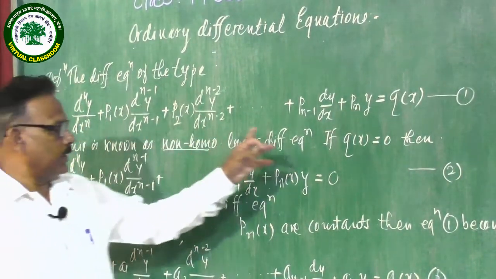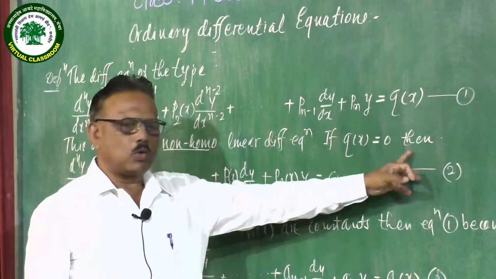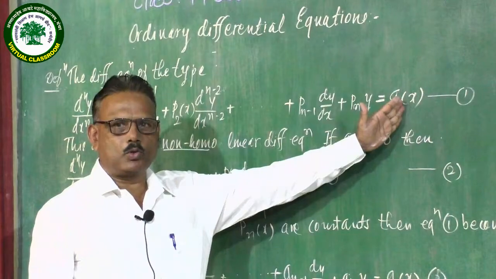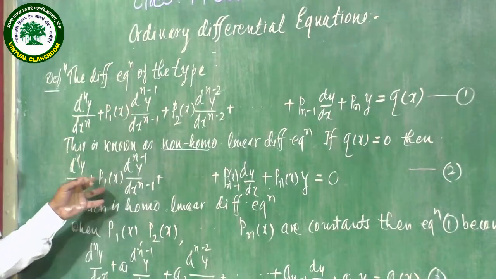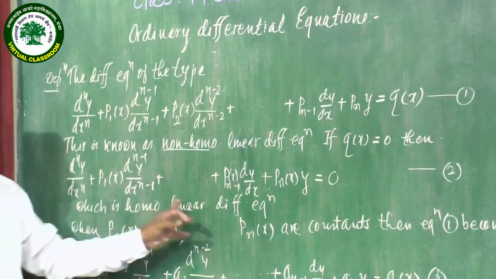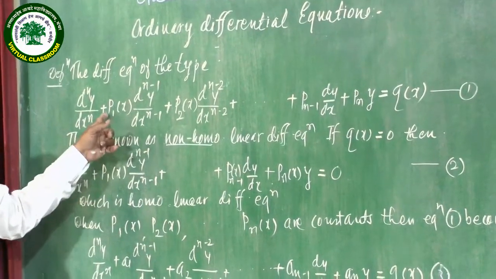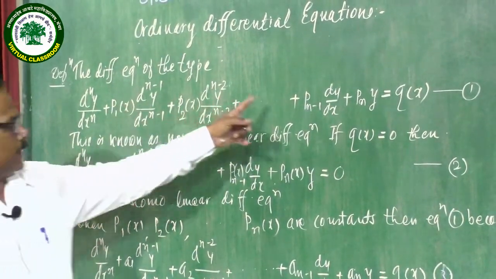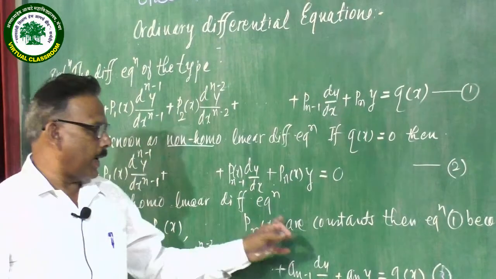Non-homogeneous ordinary differential equation. If in equation 1 q(x) is equal to 0, that means the right hand side is equal to 0, then this differential equation is called homogeneous differential equation, which is also a linear differential equation. In equation 1, p1(x), p2(x), and continuing in this way up to pn(x), these are functions of x.